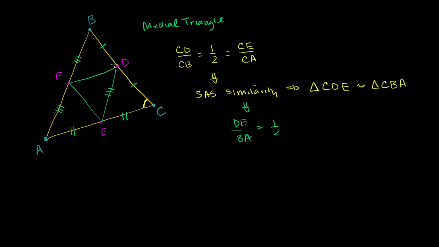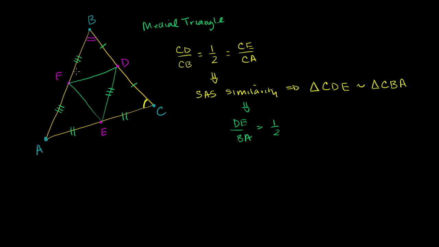Now let's think about this triangle up here. We could call it triangle BDF. First of all, if you compare triangle BDF to the larger triangle, they both share this angle right over here, angle ABC. They both have that angle in common. And we're going to have the exact same argument.